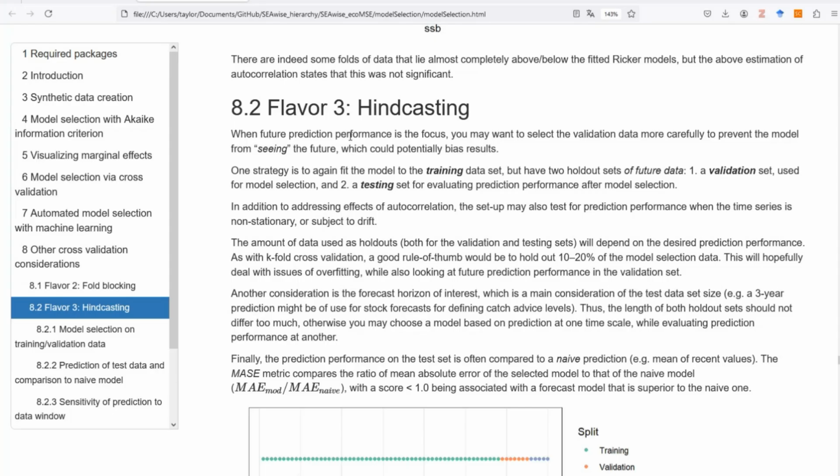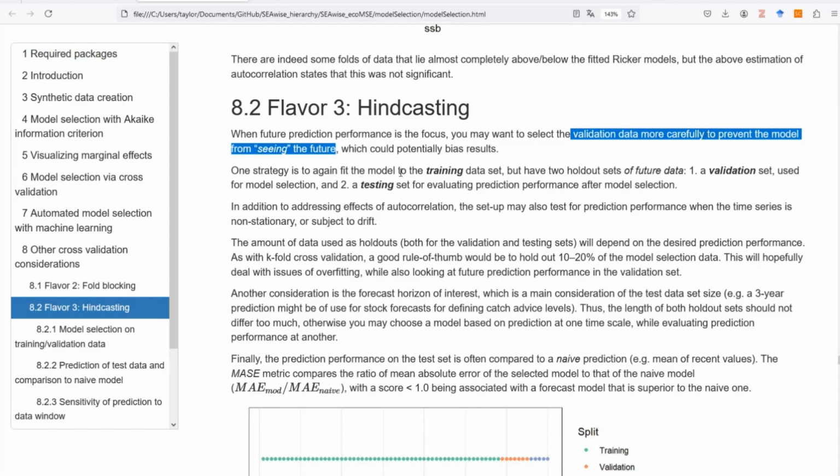The example that we've had until now was a repeated cross-validation. There was no real future that was held out. But if prediction performance is important, you may want to select validation data more carefully to prevent the model from seeing the future, which could potentially bias the results. It might make things look a bit more optimistic.